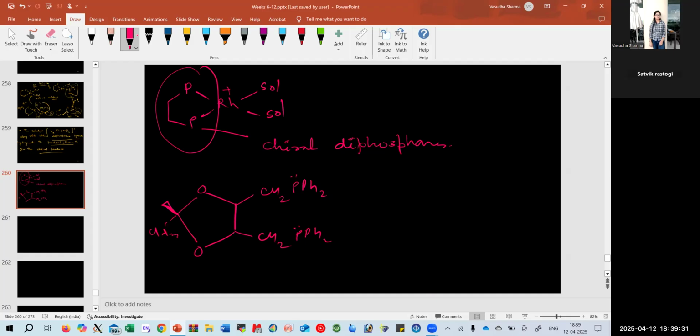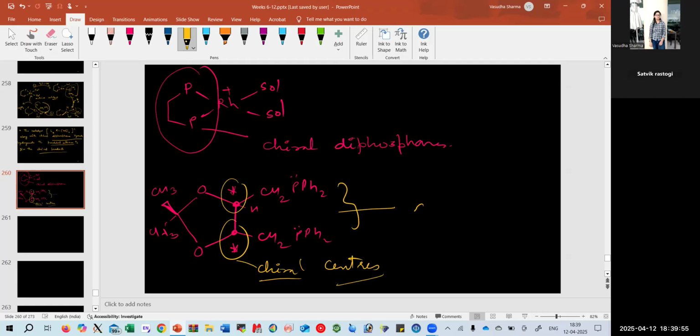This is CH3, and this is CH3. So this particular center, if you see, has one hydrogen, one CH2, one oxygen, and another bond with a different carbon. These two are your chiral centers because all their bonds are different, making this diphosphane a chiral diphosphane. This is one type of ligand, which is called DIOP, and this can be used in place of this P-P, which would bring chirality into your system.